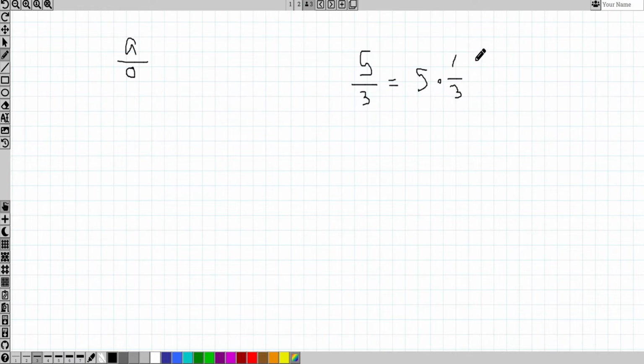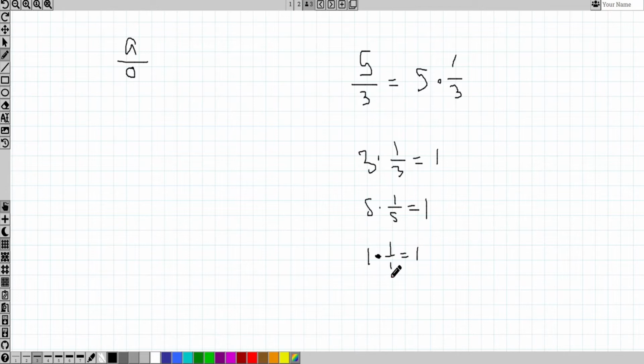And so what we actually care about here is this 1 over 3 piece. To show you what this means, I'll just give you some examples. 3 times 1 over 3 is equal to 1. 5 times 1 over 5 is 1. 1 times 1 over 1 is, this looks like a minus, but it's a multiplication sign.